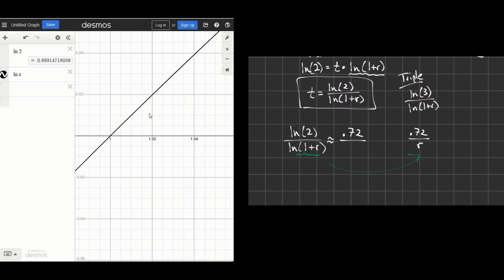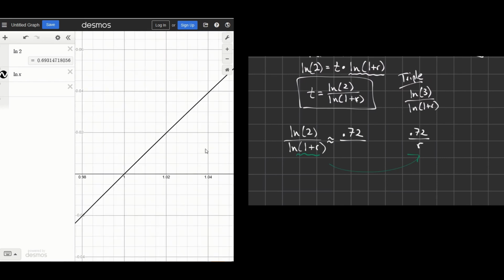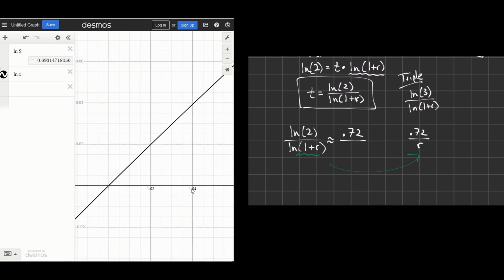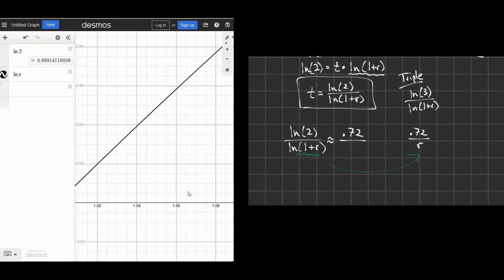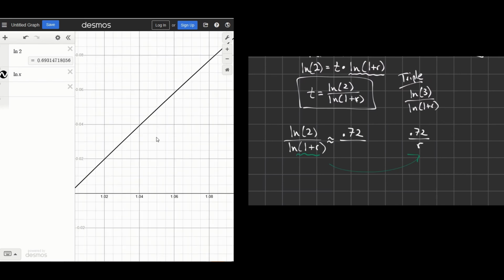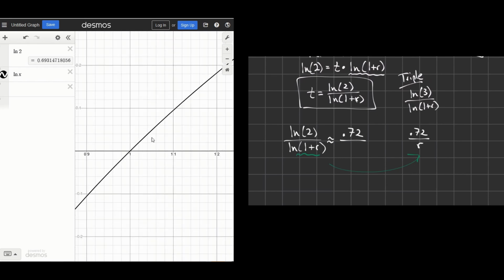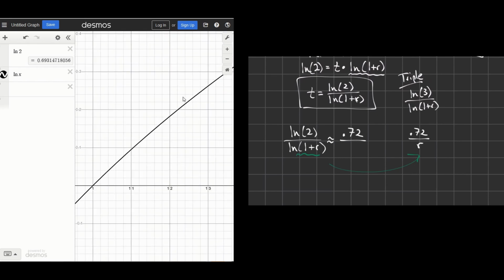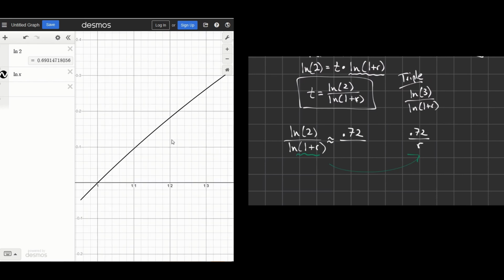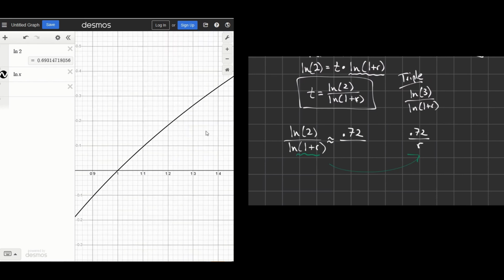And this is true for most of the values that are small. Like if you look at 1.04, you'll get an output that's really close to 0.04. And same thing, 0.06 is really close to an output of 0.06. And this just has to do with the nature of the logarithm function, that it looks very similar to a linear function here for these early values before it starts to curve to the right.